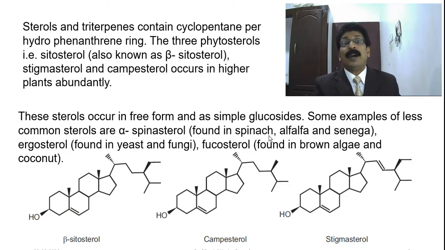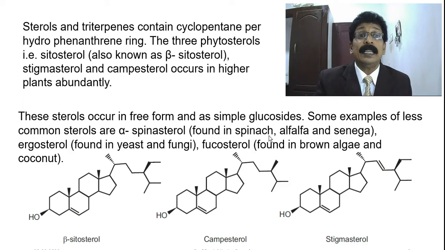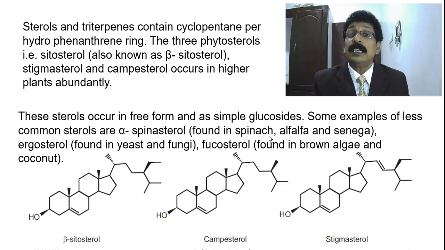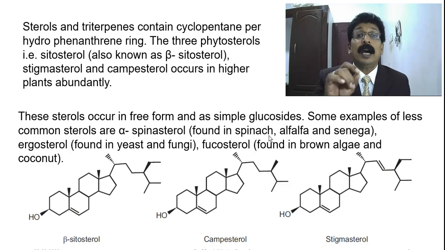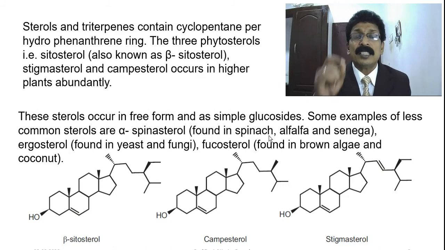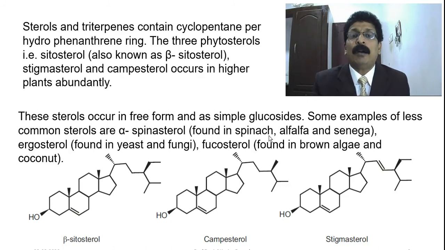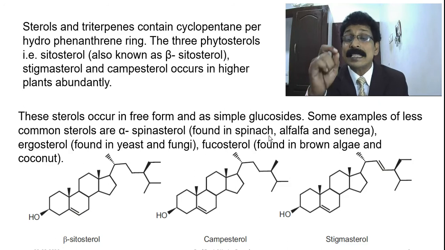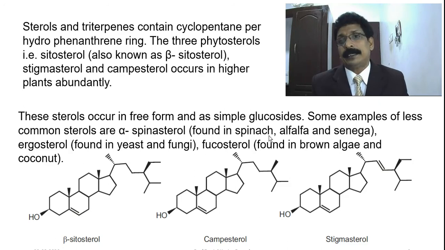The three phytosterols, that is sitosterol, also known as beta sitosterol, stigmasterol and campesterol, occur abundantly in higher plants. These sterols occur in free form and as simple glycosides.